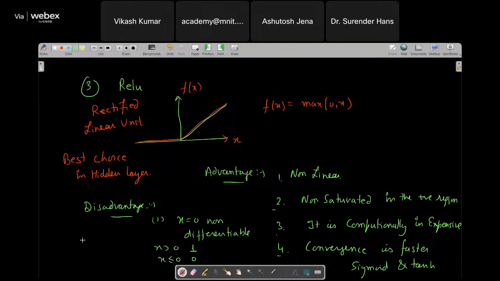The second disadvantage is non-zero center, so we use batch normalization to normalize the output.